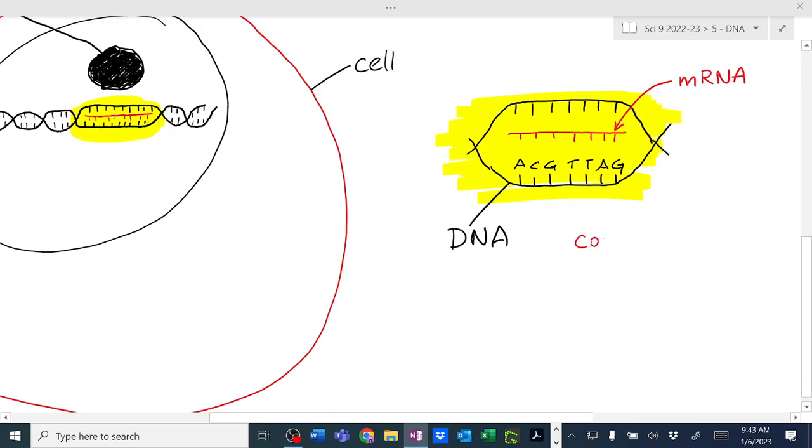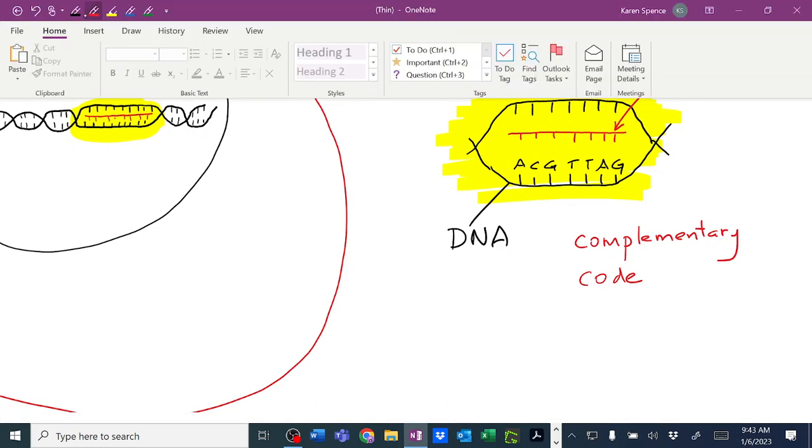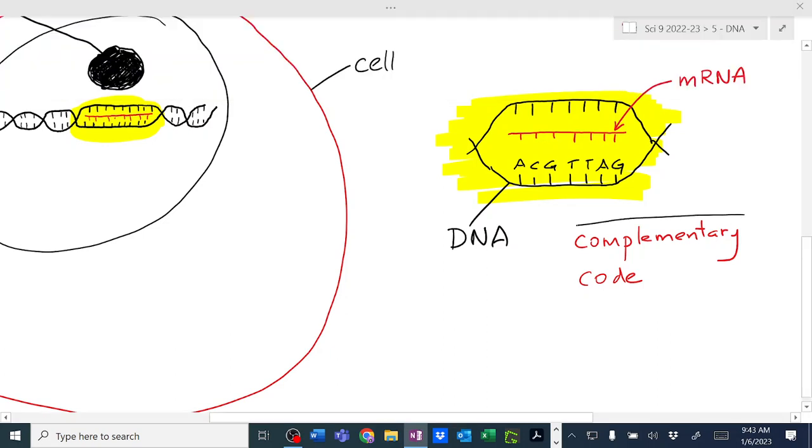The mRNA is going to have a complementary code. What does complementary mean? Perfectly matching.